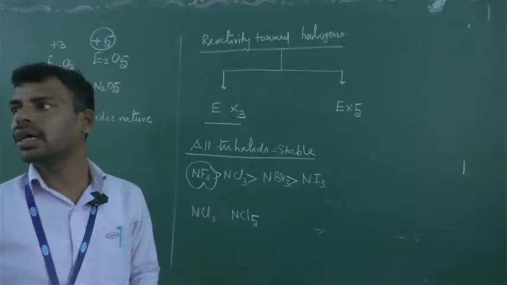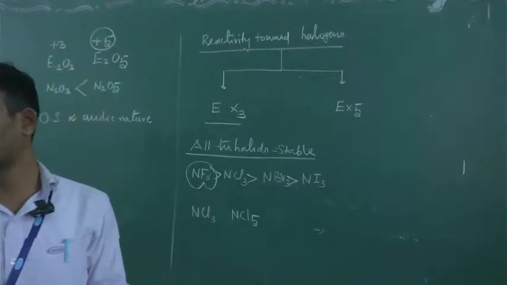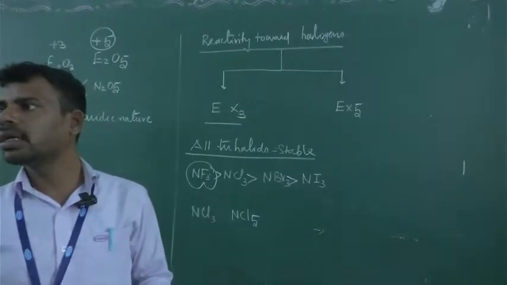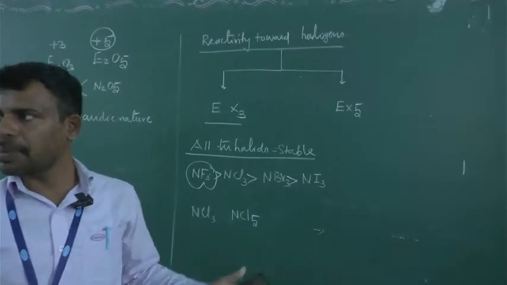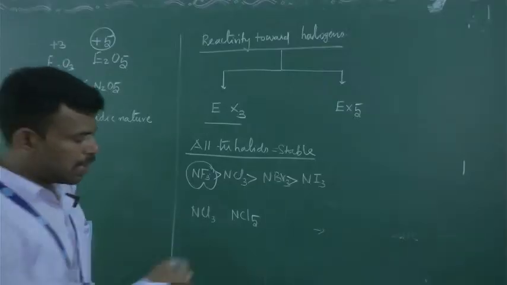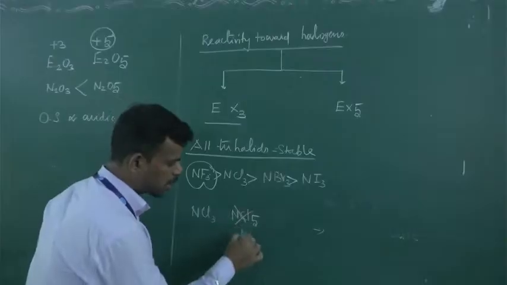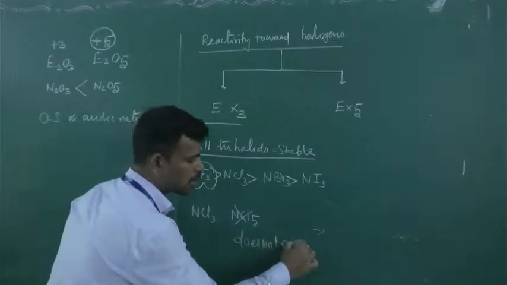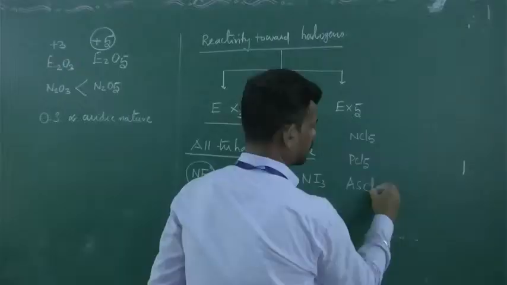Why? The valency is 4, beyond 4 why? Because of the absence of vacant d orbitals. This exists, this does not exist. Please note this.